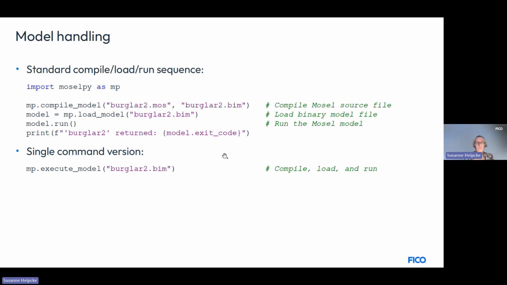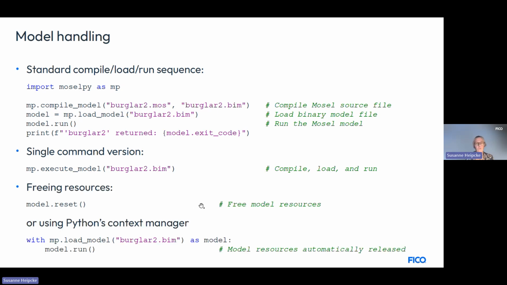This compile, load, run sequence can also be aggregated in a single execute step. Either execute the model providing a MOS file, or we can provide a BIM file and then it just uses the BIM.